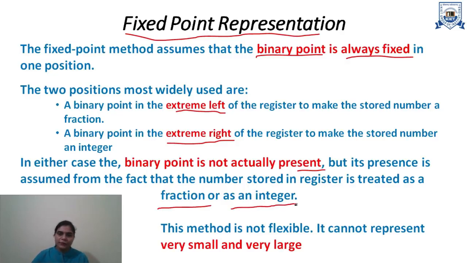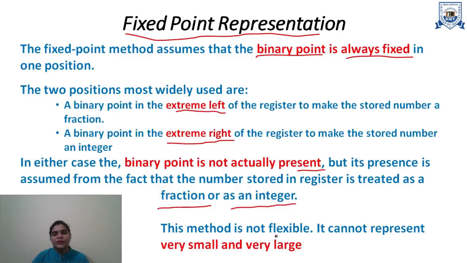As we have looked at in the examples, the position of a binary point defines whether the number is an integer or a fraction or a mix of integer and fraction. So whether the number stored in a register is a fractional number or an integer number will be defined by the position of the binary point.